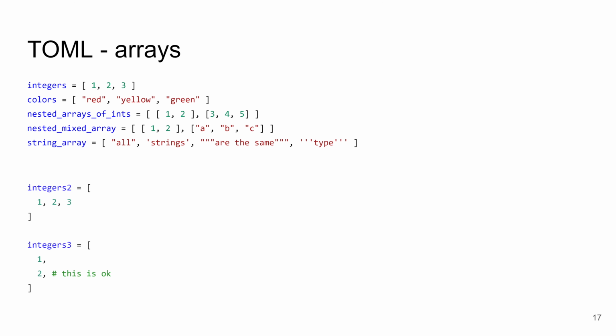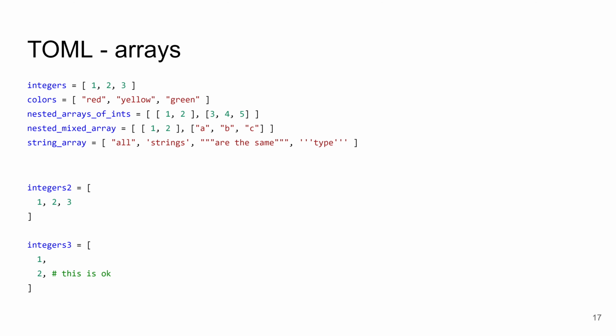There is one feature of TOML when talking about arrays, and that is the trailing comma. The trailing comma is not supported in JSON. In JSON, for instance, when you have an array, you cannot have a trailing comma after the last member of that array. In TOML, this is okay. This is supported and gets interpreted correctly. This may seem like syntactic sugar, or maybe the reverse of it, because it doesn't really look good to humans.